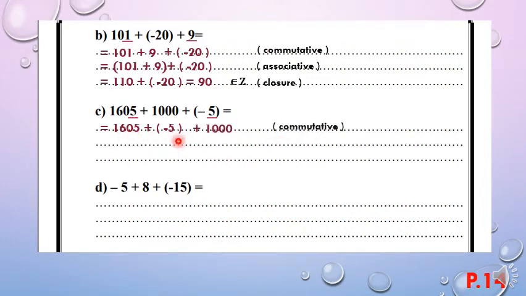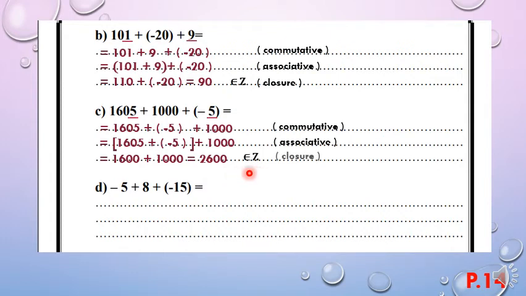Now we need to put these two numbers together between brackets. So equal, open brackets, 1605 plus negative 5, close the brackets, plus 1000. It's called associative. Now, I need to find the result of the brackets first. So, the result will be 1600 plus 1000 equals 2600. This 2600 belongs to Z, that is closure.